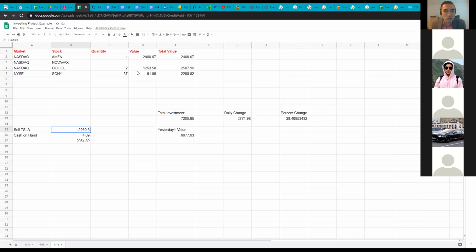So let's say that I purchase a bunch of Novavax at $17.92. And I'm just going to dump all of the money that I can into it. So I have $2,954 to spend. So I'll go ahead and take out my good old handy dandy calculator.